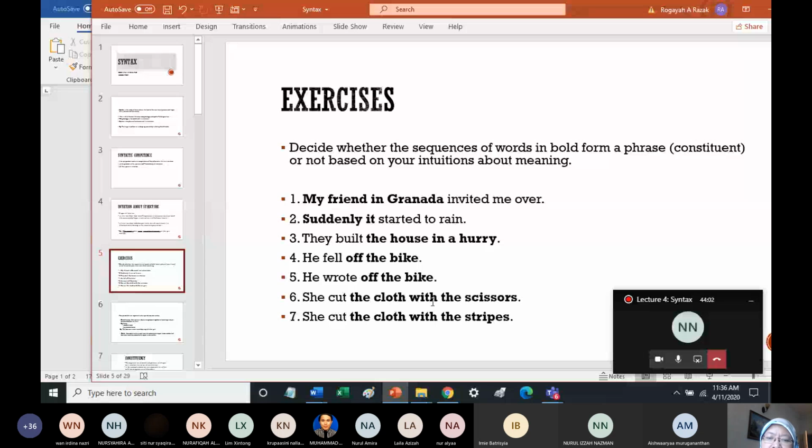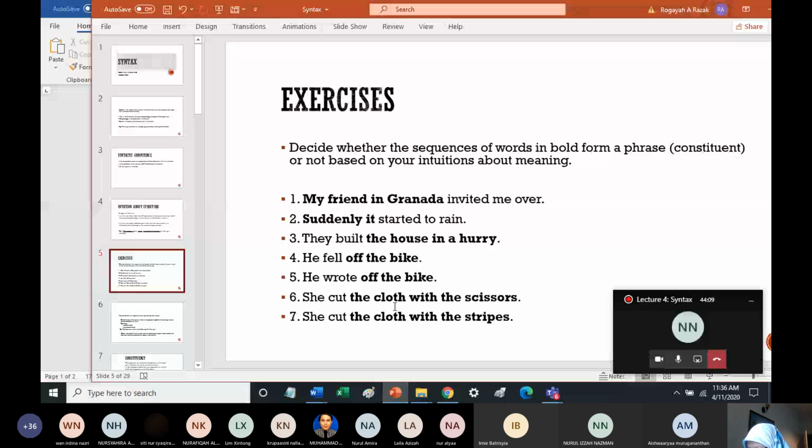She cut the cloth with the scissors. You know that with the scissors, as Iza said, is the instrument. The cloth is the object of cut. So the cloth is being cut, using the scissors. Therefore, the whole thing is not a constituent. The cloth is one constituent, with the scissors is another constituent.